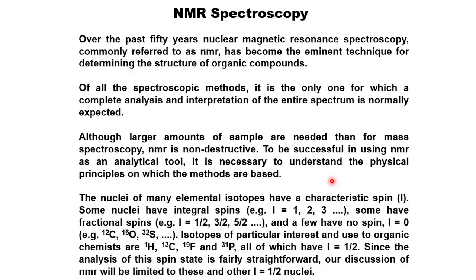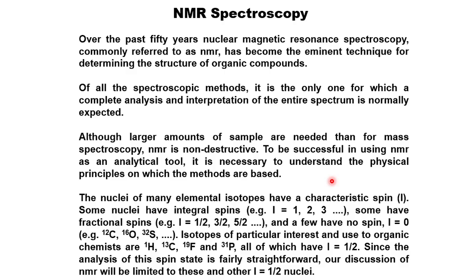That means there is the presence of a magnetic field and nuclear spin. These two terms are very important, and we'll discuss how nuclear spin and magnetic field actually work to determine the structure. For the first 50 years, NMR was only referred to as NMR, that is, nuclear magnetic resonance spectroscopy.